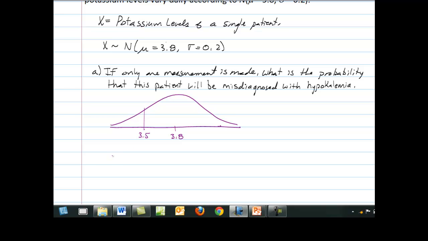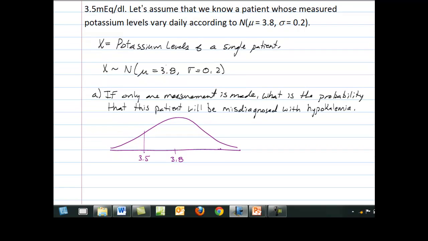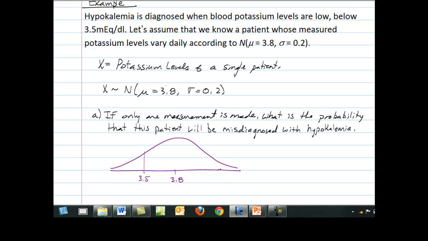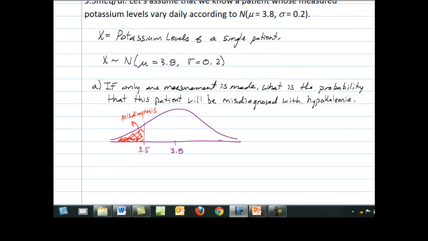Again, we want to know the probability that they'll be misdiagnosed. 3.5 or below is a misdiagnosis, so the area that we want to find relates to that probability. This is basically the proportion that will have a misdiagnosis. They do not have hypokalemia. Sometimes potassium levels drop, but they do not have that condition, and sometimes they go back up. So you have that variability taking place here.